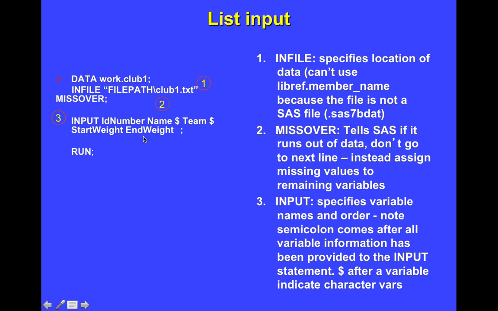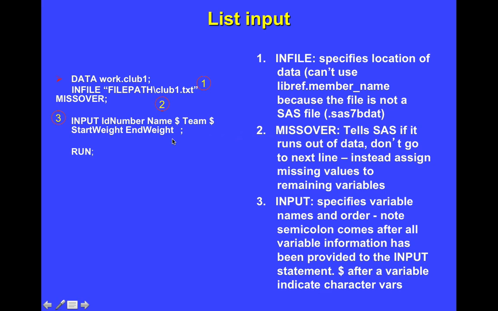And SAS now knows that it's going to read through and it's going to input 1, 2, 3, 4, 5 different variables. And because by default SAS will read in data assuming that it's space delimited, it knows that you're changing from one variable to the next in the original input file whenever it sees a space.